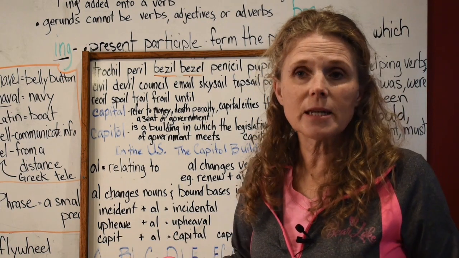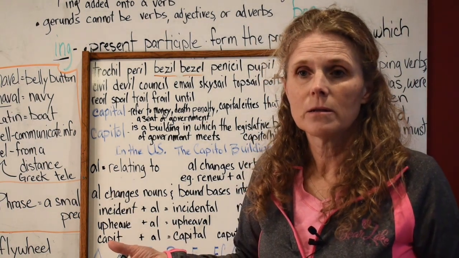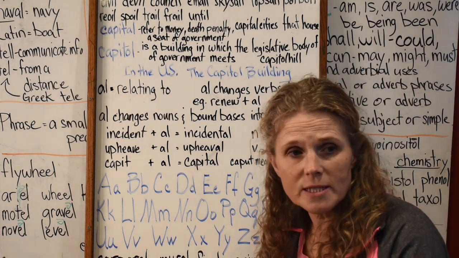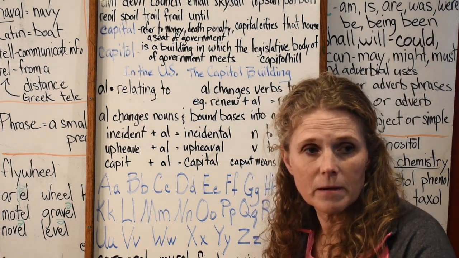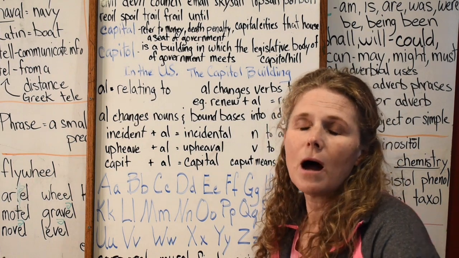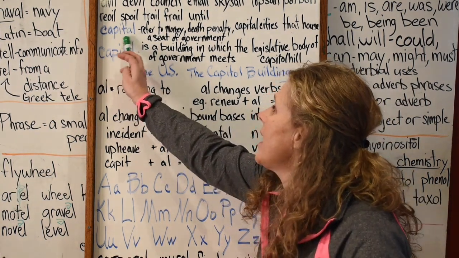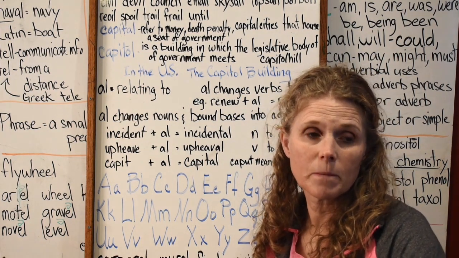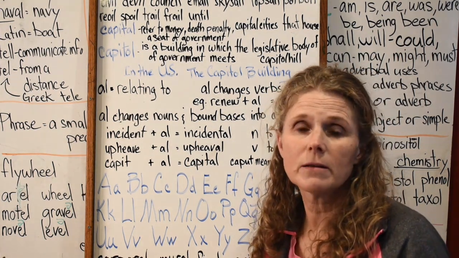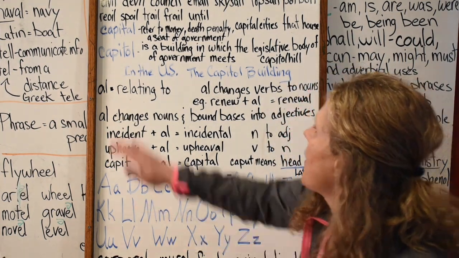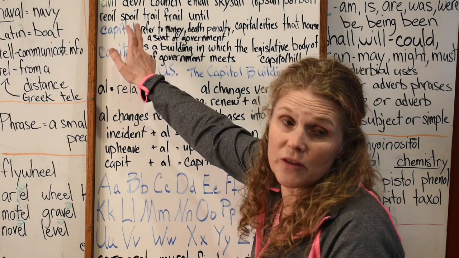What's the capital city of Utah? Salt Lake City. What's the capital city of Mississippi? Jackson, Mississippi. And that would be this AL. How about Oregon? Salem, Oregon. How about California? Sacramento. So you would spell that with an AL.